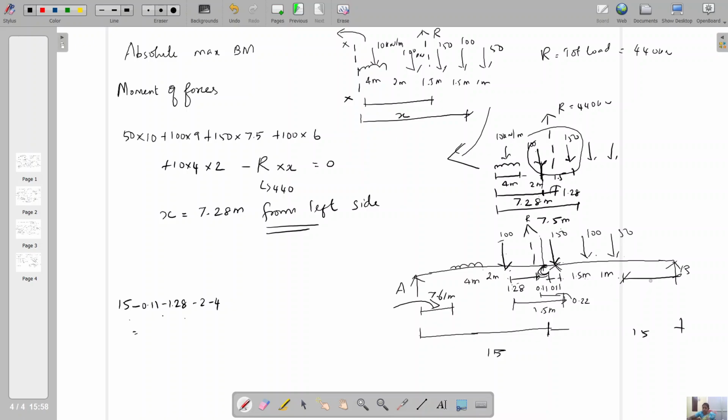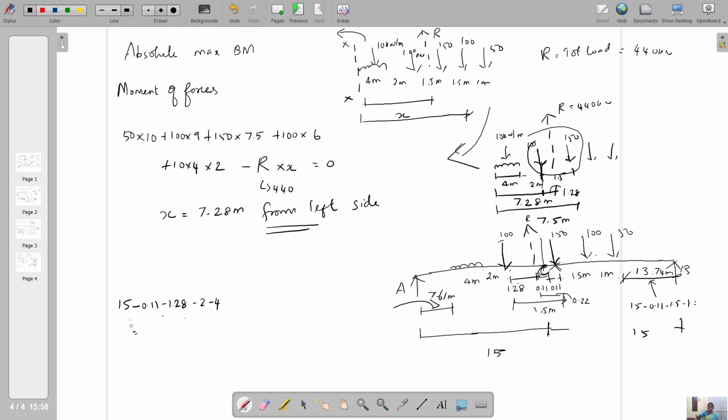So this distance is equal to 15 minus 0.11 minus 1.5 minus 1, totally 13.74 meter.